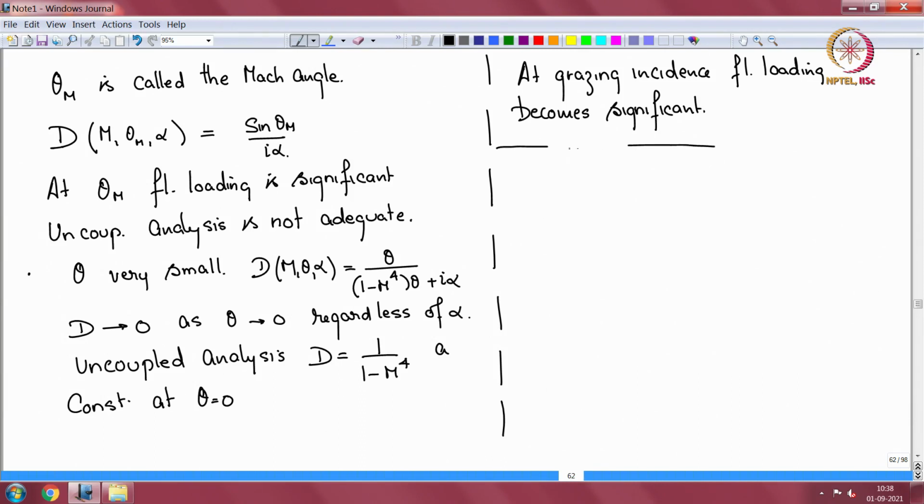Okay, now let me just summarize the whole situation. In the vibration part, below m equal to 1, we get two roots.